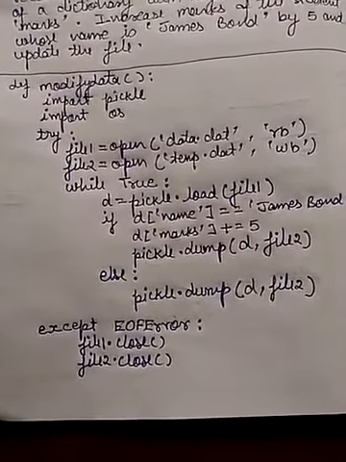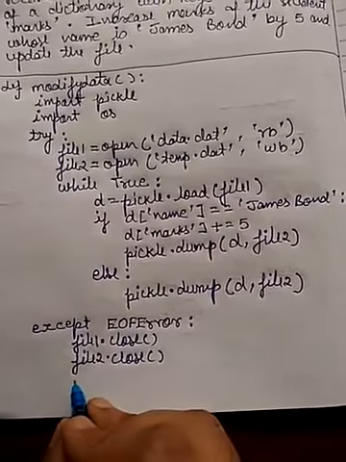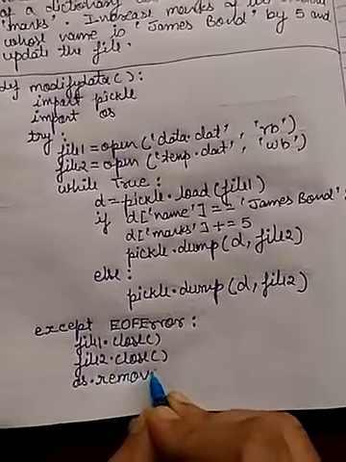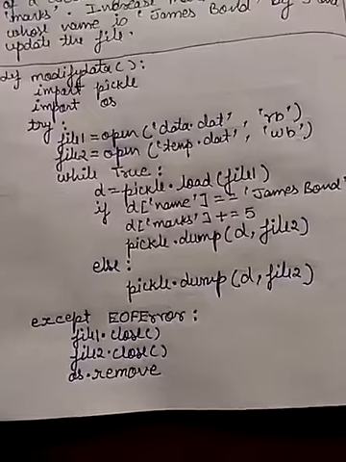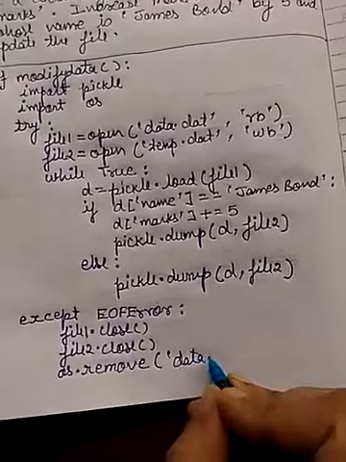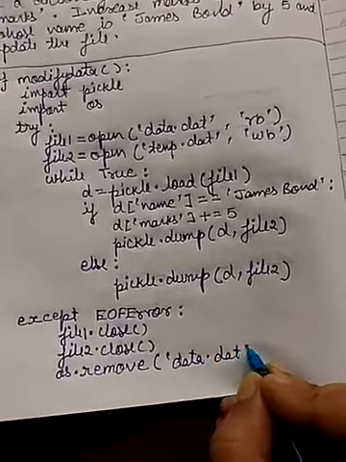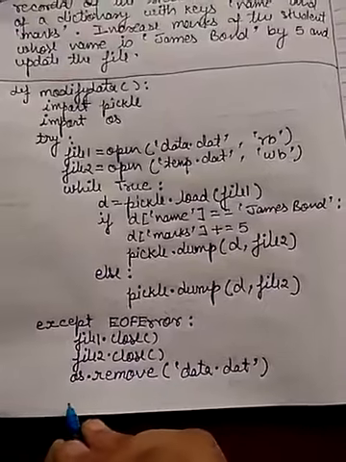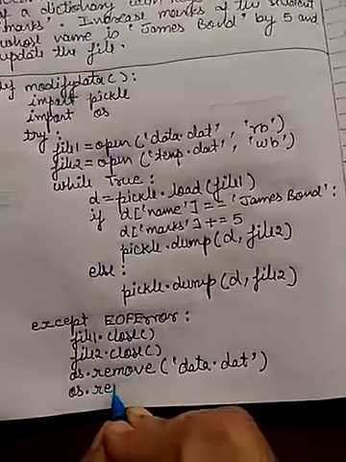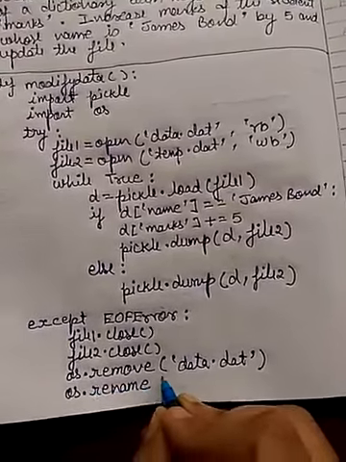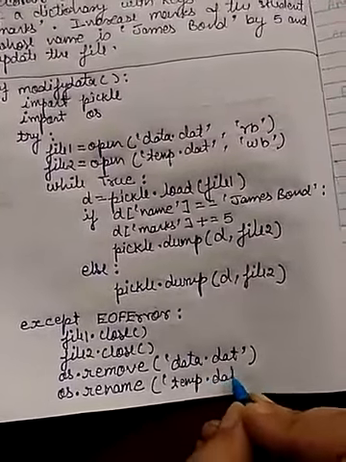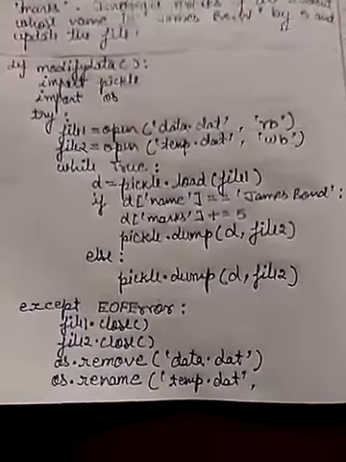Now we have to remove and rename the file. So os.remove. First we need to remove the file. What file are we removing? We are removing data.dat. Remove data.dat, and after that rename: os.rename, which file? temp.dat, with what?